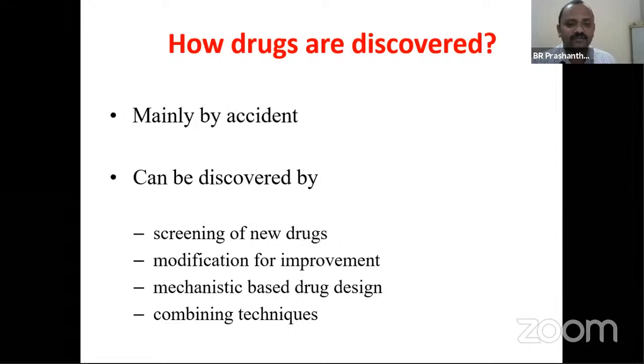Whatever we have understood of the physiology and the biology, and in that context the drug discovery, our understanding is not that good.